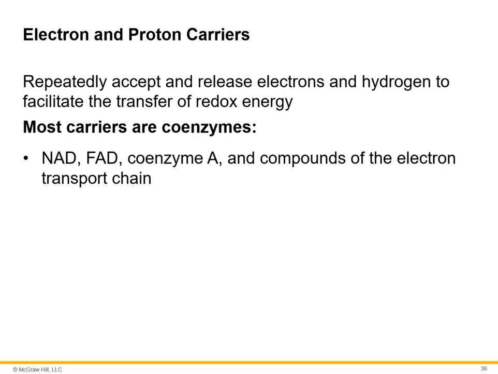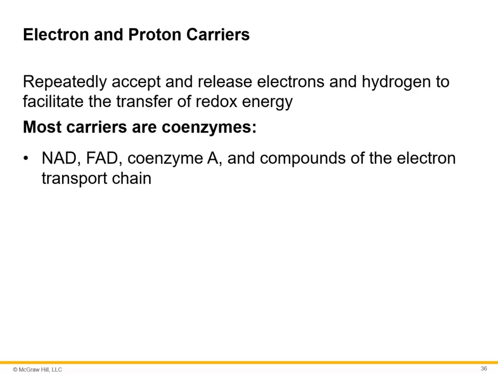All right, electron carriers. So remember, these electrons are being shuttled. They're being taken from glycolysis. They're being taken from the Krebs cycle, and they're being moved over to the electron transport chain, which is itself a chain of enzymes and electron carriers that move those electrons sequentially through the chain until they reach molecular oxygen.